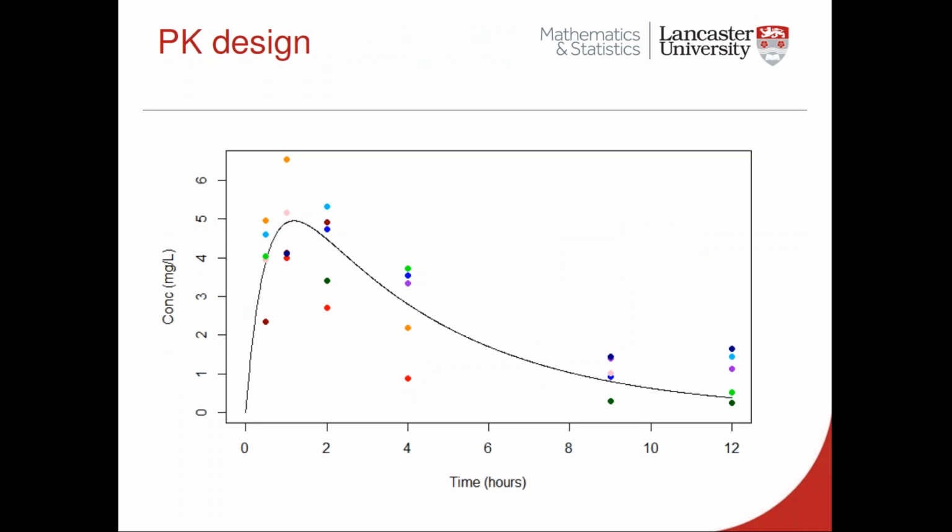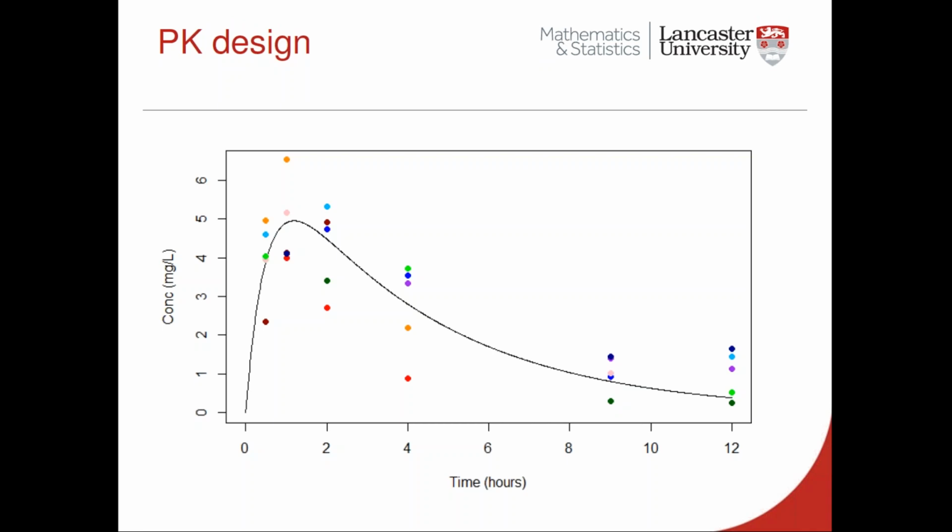Now, typically, a PK study is conducted in the following way. There is a certain number of subjects, animals in our context here, that are blood sampled, plasma sampled, at a given pre-specified set of time points, and then the measured concentrations are plotted against the time as shown here in my illustration. And from these data, we then try to derive relevant summaries of that black curve that you see underlying here.